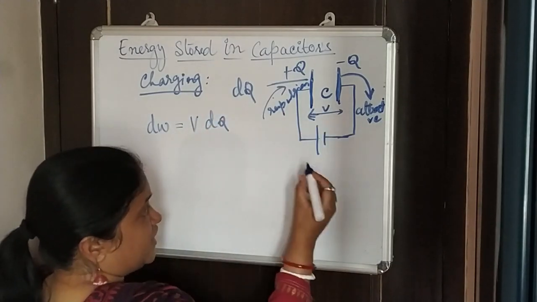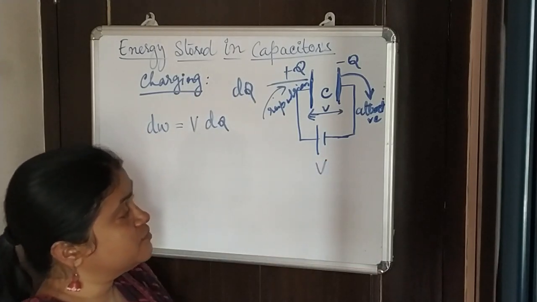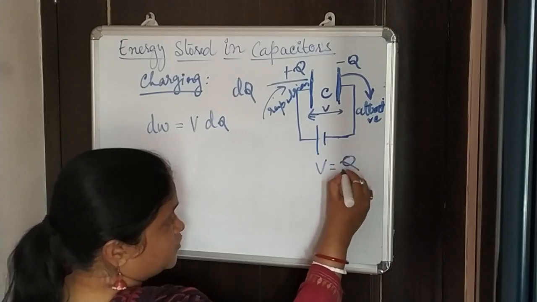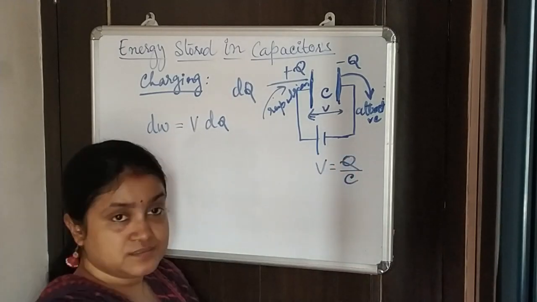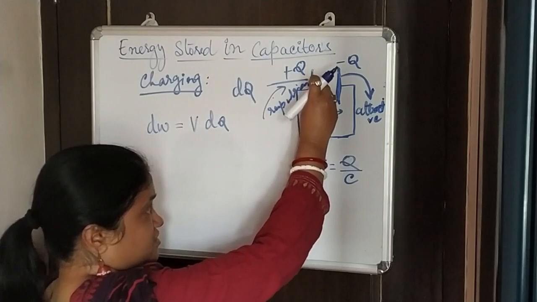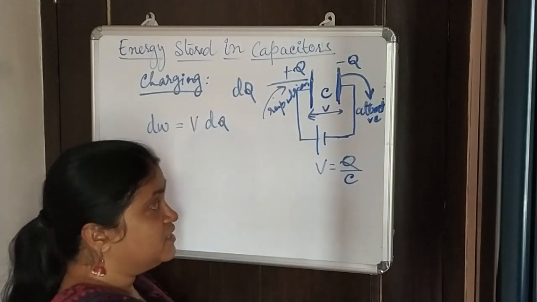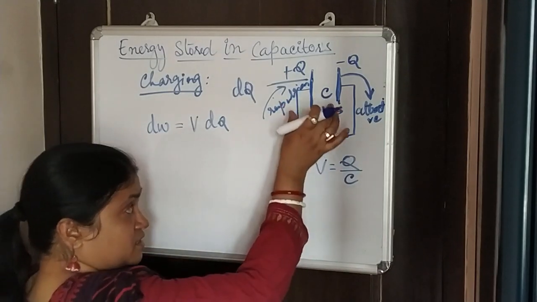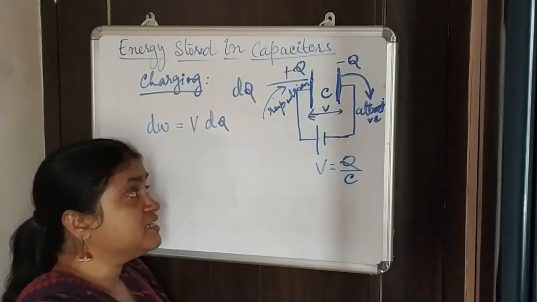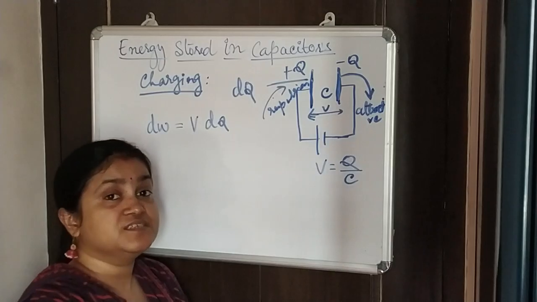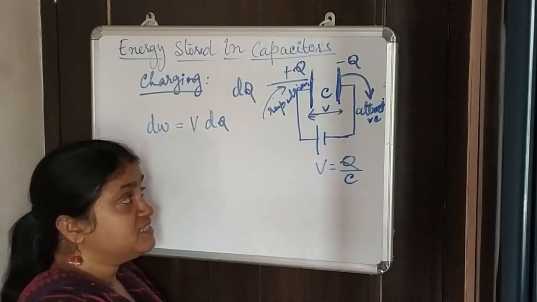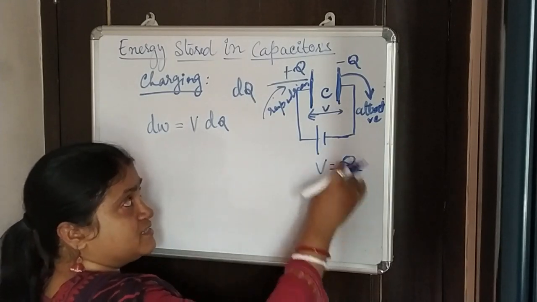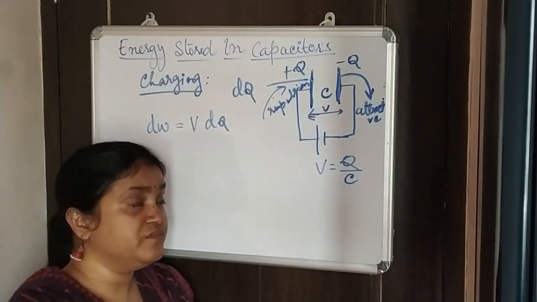This potential is nothing but Q by C. As the battery was connected, there is a potential difference V, and this potential difference is Q by C, as we have assumed before.